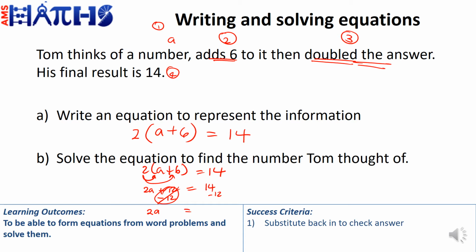And 14 minus 12 is 2. And then we'll just divide both sides by 2. So 2 divided by 2 is 1, so we're left with 1A. And 2 divided by 2 is 1 on the right. So A is 1. So 1 is the number that Tom thought of.